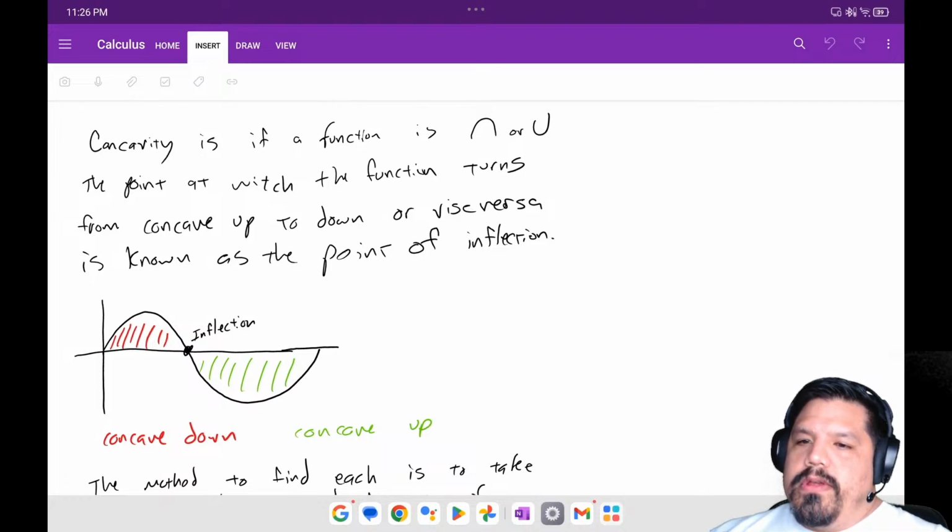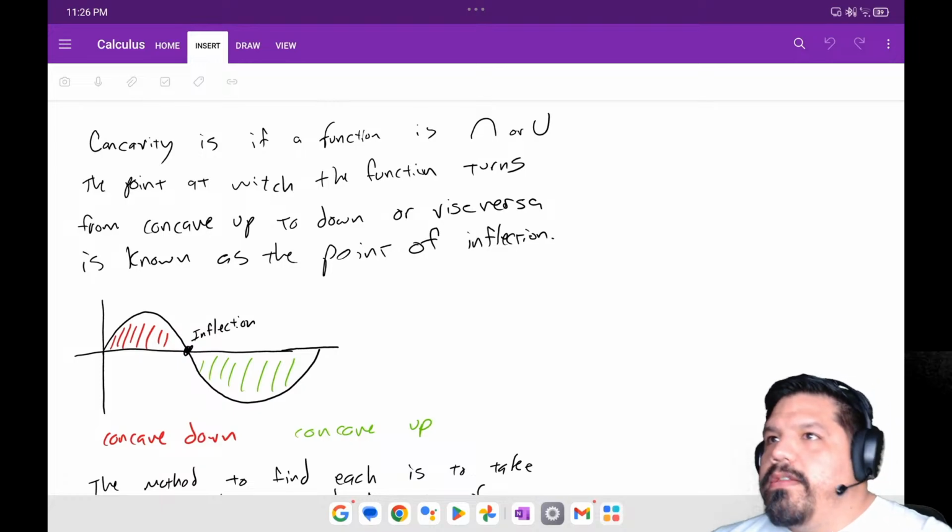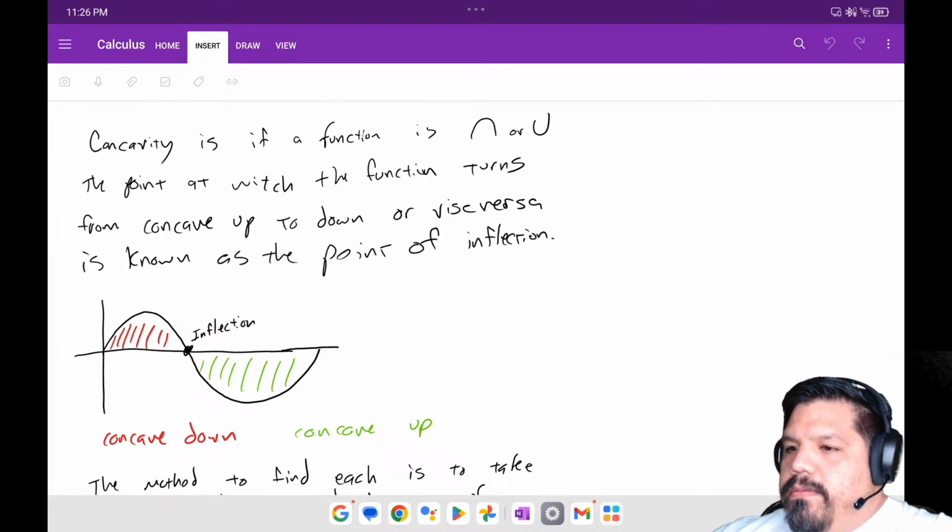Concavity is a function of, yeah, helps more if you do it like this, but if you're looking through the live, hmm.